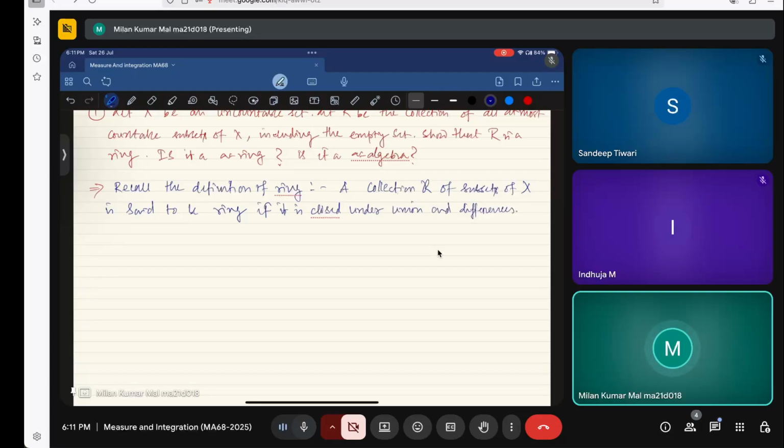That means if we have two elements E and F in that collection R, then this should imply that E union F and E set difference F belong to R. These are the two conditions required.